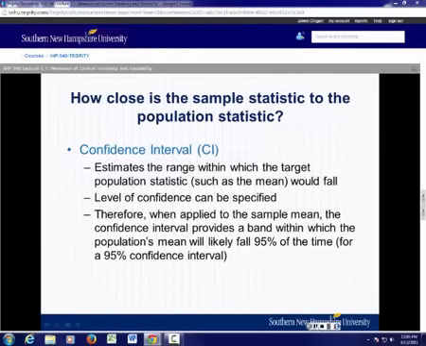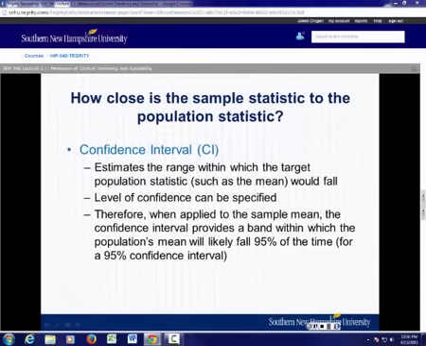And this is most often done for the statistic that shows the middle, the mean. So we're going to talk about this relative to the mean. If you calculate a confidence interval for a sample mean, you are estimating how close the population mean is likely to be. So a confidence interval estimates the range within which the target population statistic, like the mean, would fall based on a sample's data.